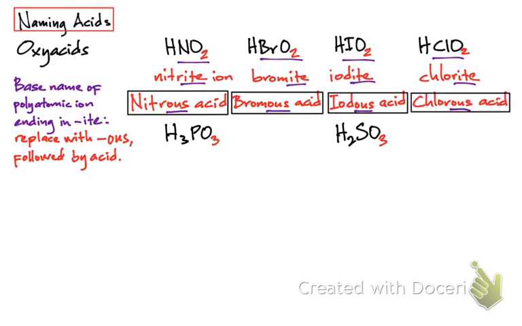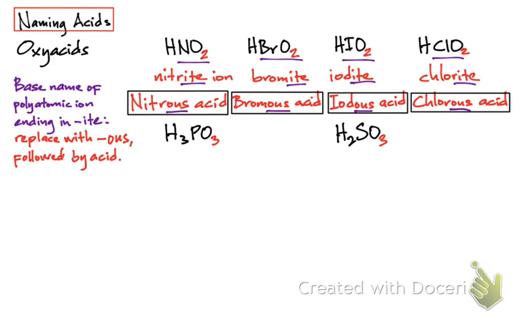All right, again, H3PO3 and H2SO3 are a little bit different, but you would name them similar to how you did it for phosphoric acid and sulfuric acid in the previous slide. So H3PO3, you have PO3, which is the phosphite ion. And in H2SO3, you have the SO3 ion, which is the sulfite ion.